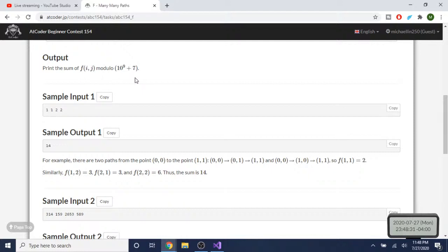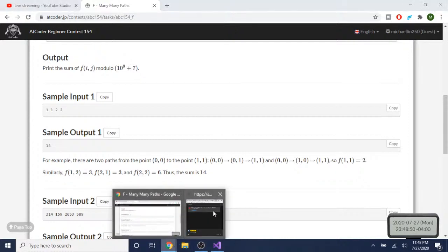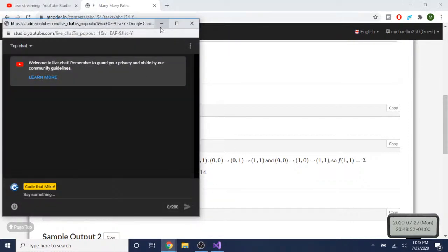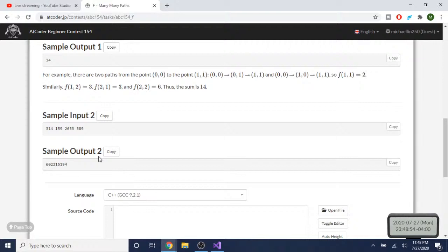That's part of number theory properties. Like if I do 5 mod 3 plus 4 mod 3, that's the same thing as 5 plus 4 and then mod 3. I hope you guys understand that. But yeah, that's what it is. So we'll do that for this part.